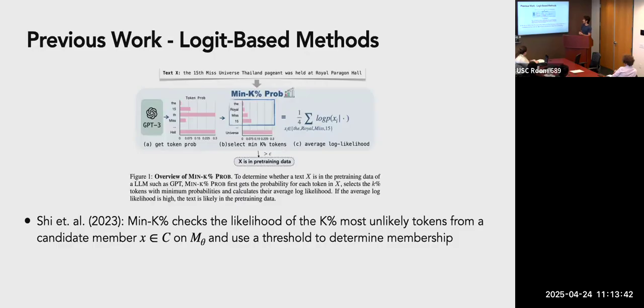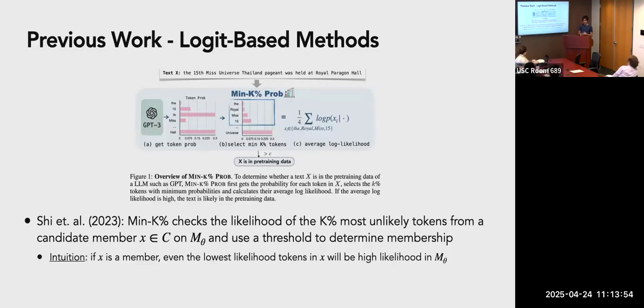Rather than look at the likelihood of all the tokens of the sequence, you take the average likelihood of the k% most unlikely tokens from a candidate member. So the idea is, if I have a sequence X that I'm not sure is a member, if it really is a member, even the lowest likelihood tokens in X will have a high likelihood in this model. So how does this differ from the loss or the reference loss?